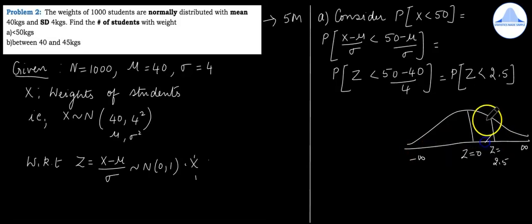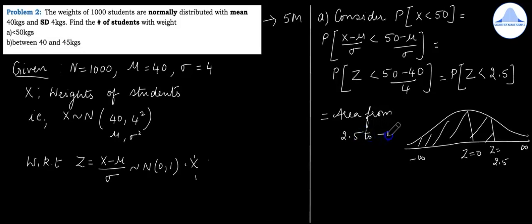So shade from 2.5 till minus infinity. So this is equal to area from 2.5 to minus infinity. Now comes the important step. Minus infinity area we cannot find out from the table. So only from any number to infinity we can find out from the tables.